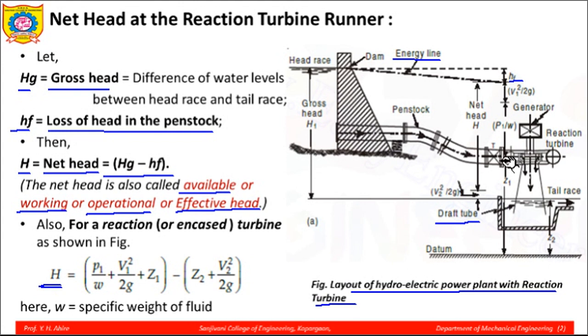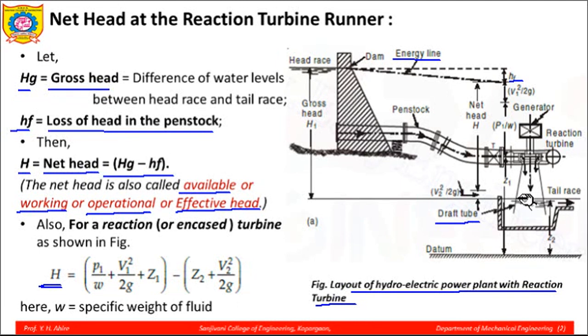So this is datum head Z1, this is pressure head P1 upon gamma, and this is V1 square by 2g as a kinetic head at the inlet of a turbine, minus datum head Z2 plus kinetic head V2 square by 2g.